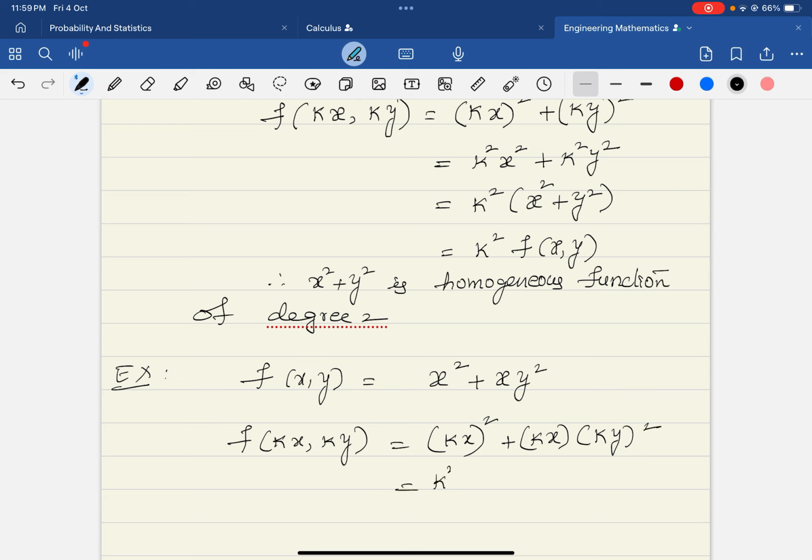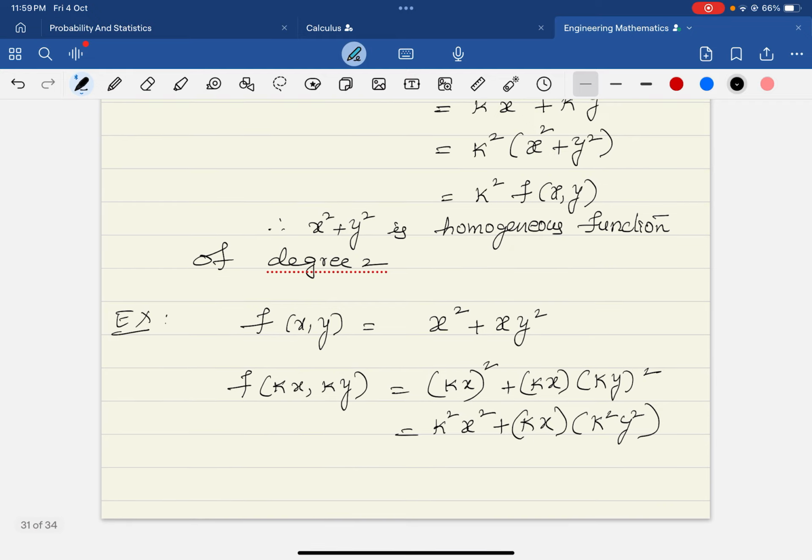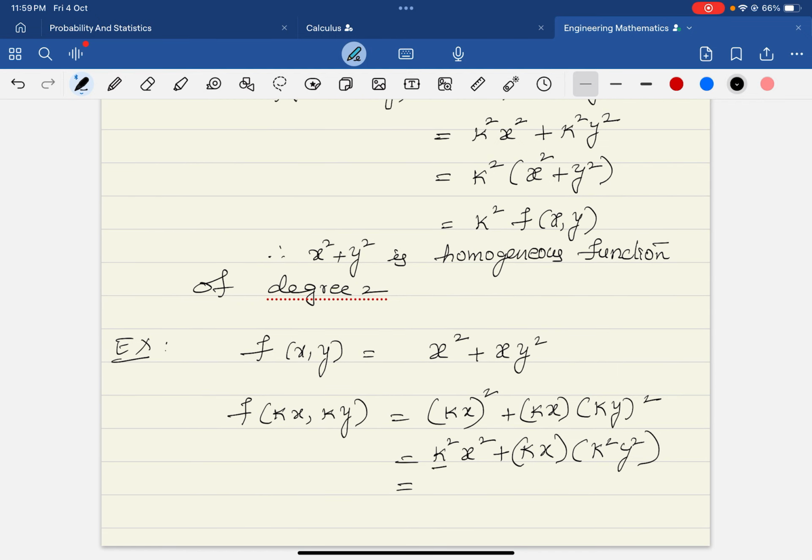That gives you k square times x square plus kx times k square y square. Now what is common? Here it is k square, and here it is k into k square. So you cannot write this as k power some power times f of x comma y. So this function x square plus x y square is not homogeneous.